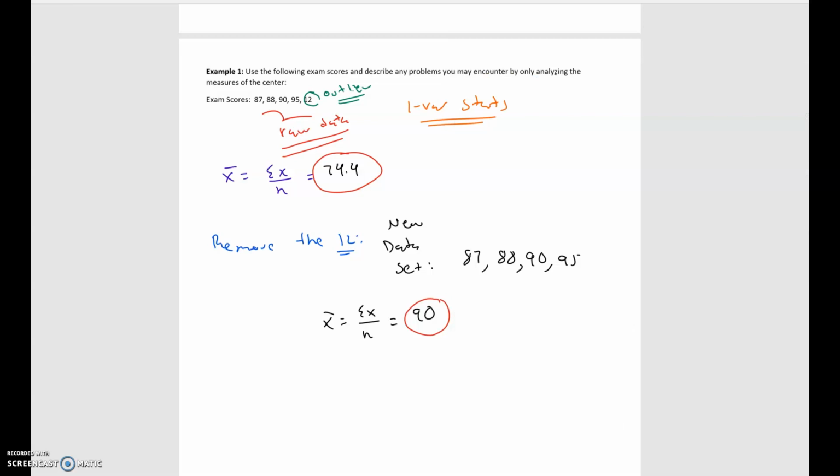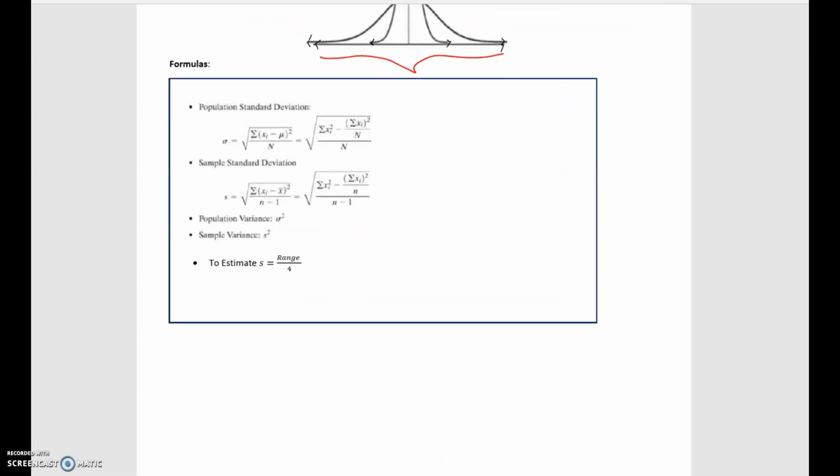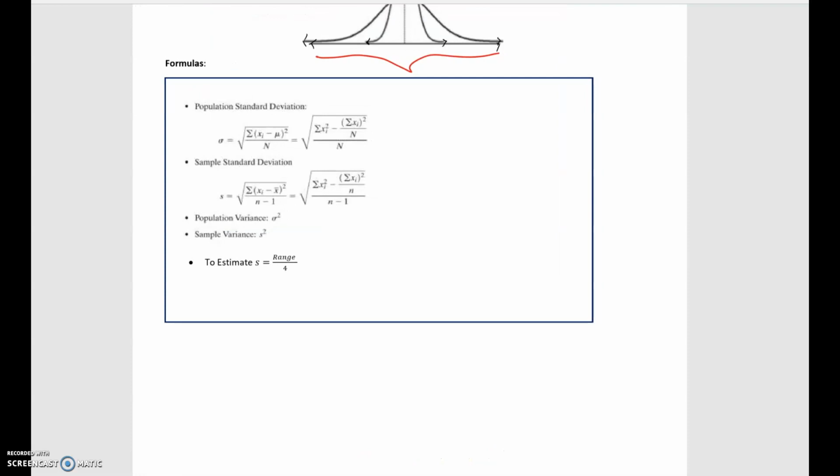Because of this, the measurements of the center are not the best ones to come up with predictions. They are pulled by the extreme values. That's why we have another set of measurements, the population and sample standard deviation, which is a measurement of spread of the data and how each value differs with respect to the mean.